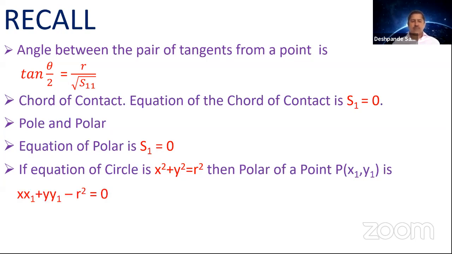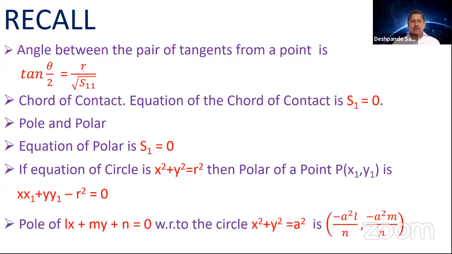Then we also discussed finding the pole of the line lx plus my plus n is equal to 0 with respect to the circle x square plus y square is equal to a square. The formula is minus a square l by n and minus a square m by n. We also discussed the procedure to find the pole. If the circle's equation is S is equal to 0, you take the equation of the polar at a point x1, y1, which is called the pole.